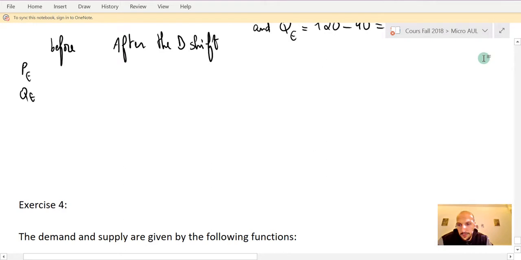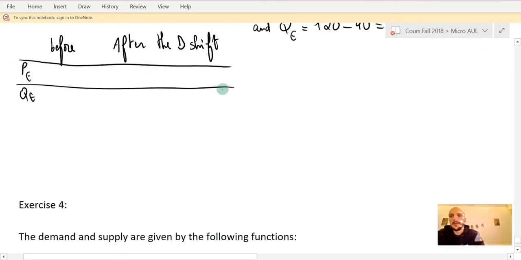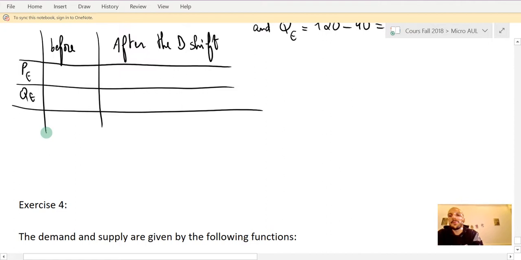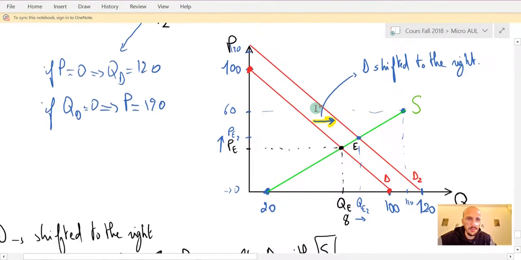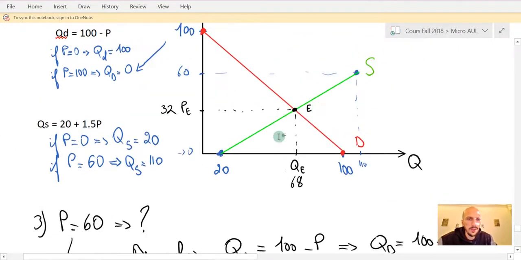And here we have the following. Price before was 32, now 40, and it has increased. Well, quantity, it's 80, بس قديش كانت قبل.